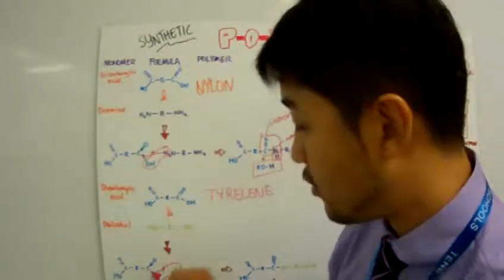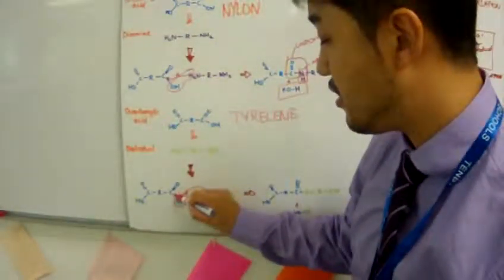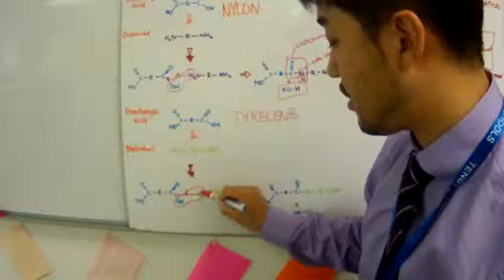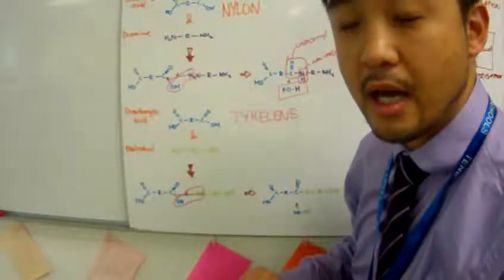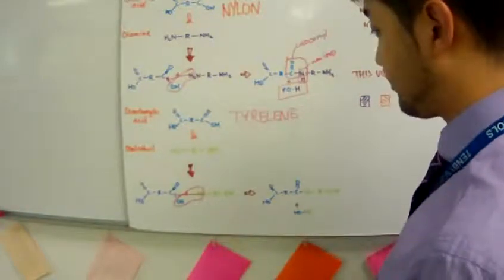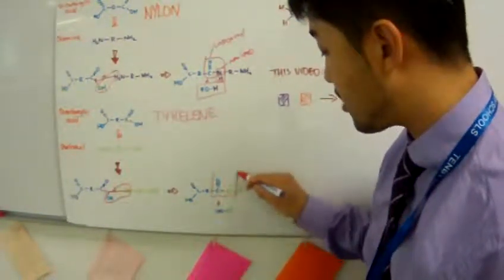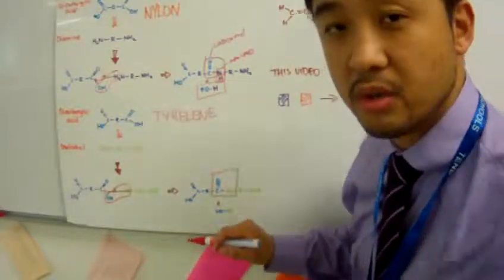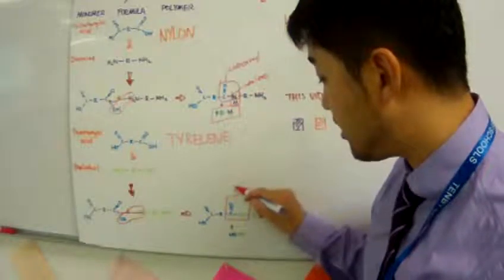And again, what we're going to see is that this carbon here is now free to form a bond with the oxygen on the dialcohol. And what we get again is now a new functional group called an ester.